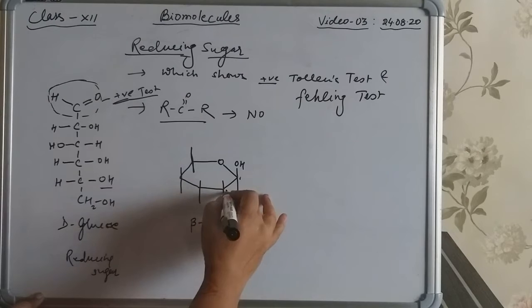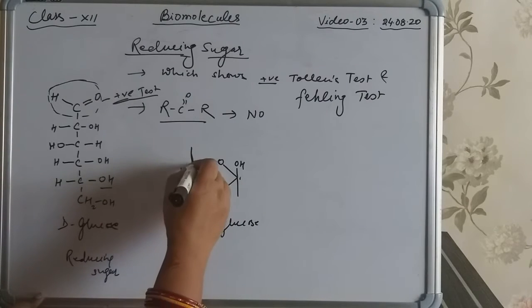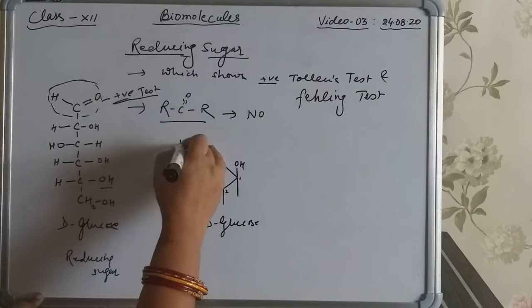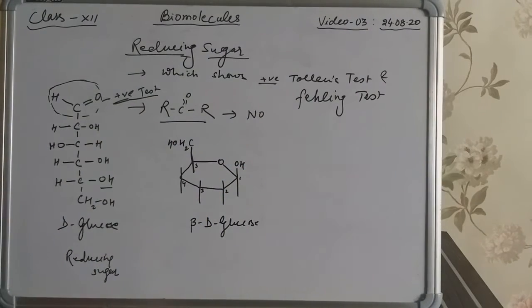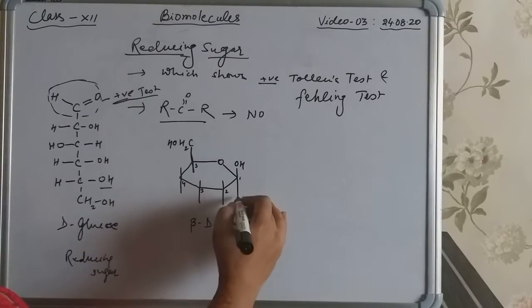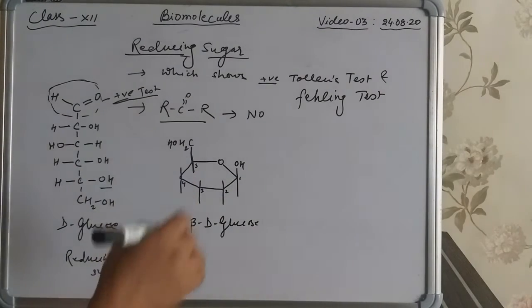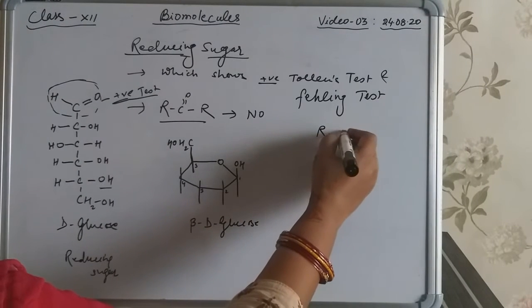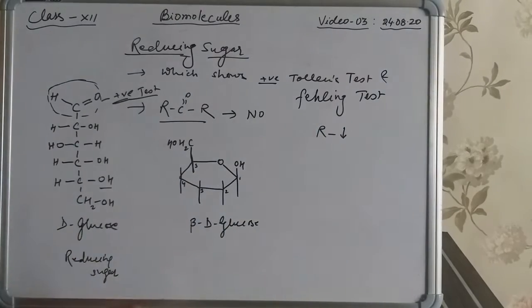This is 1, this is 2, this is the third carbon, fourth carbon, fifth carbon and sixth carbon. We already know the arrangement of the cyclic form: if the OH group is written on the right side it goes down, and on the left side it goes up.